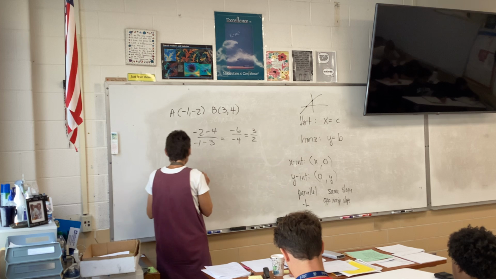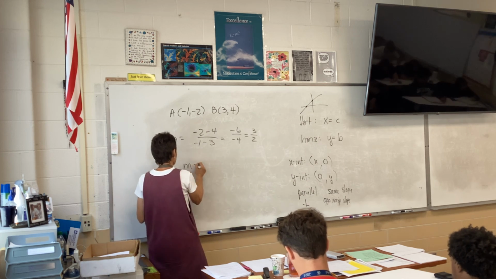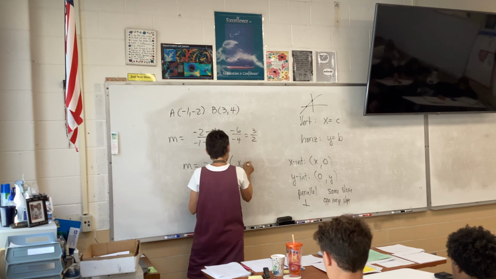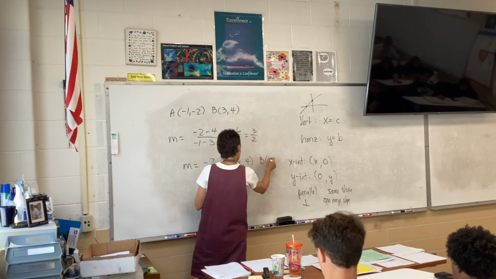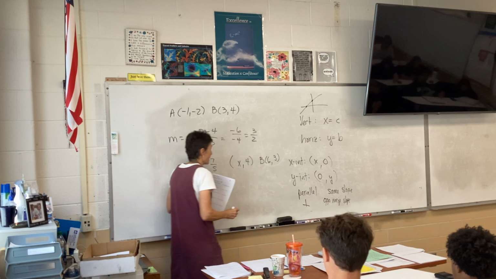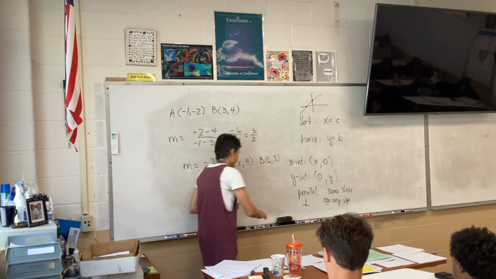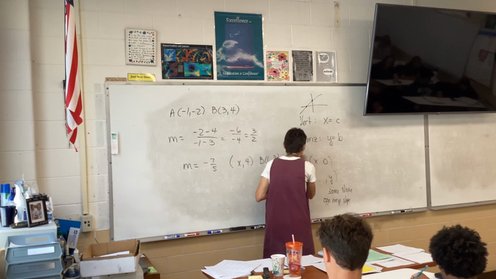All right, 3. If the slope of AB is -7/5, and A has these coordinates and B has these coordinates, find X. Well, can you do that?